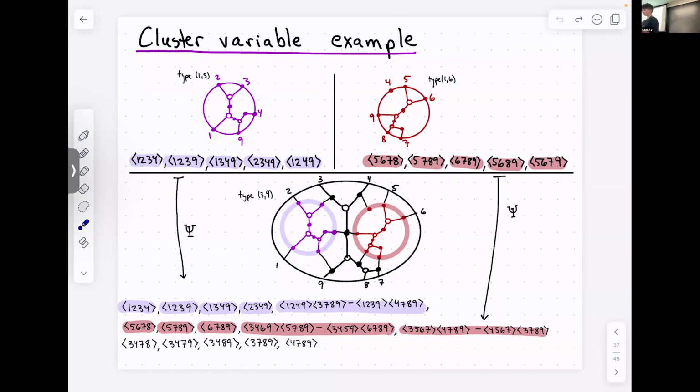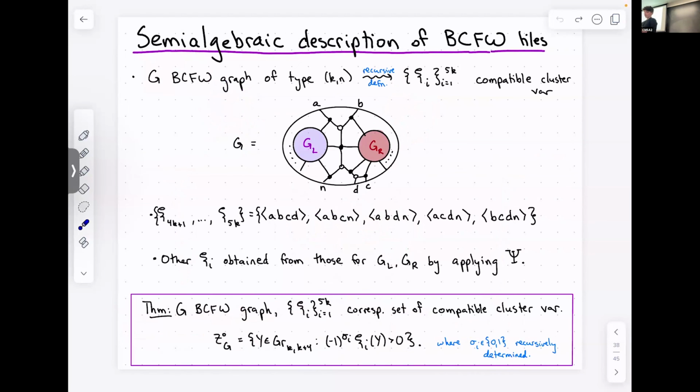All right. So the theorem is that this is exactly the correct thing to do. These compatible cluster variables have some recursively defined signs, and the points in Gr(k, k+4) on which the cluster variables have those signs are exactly the tile.